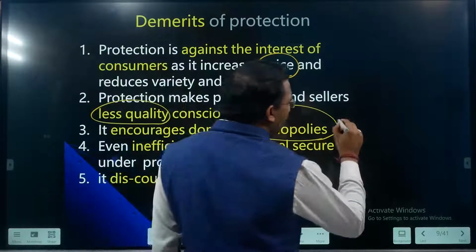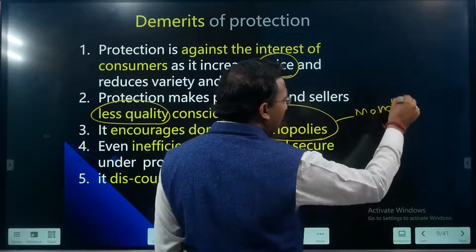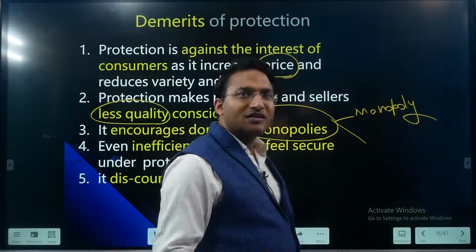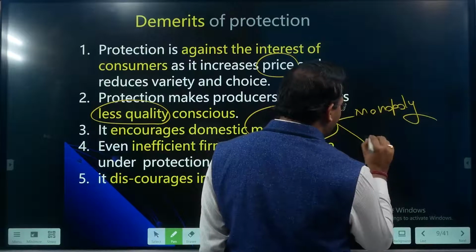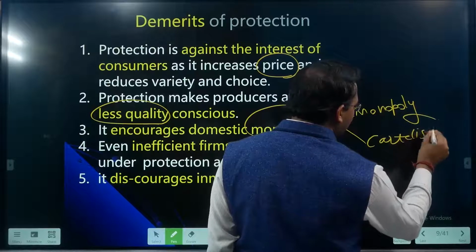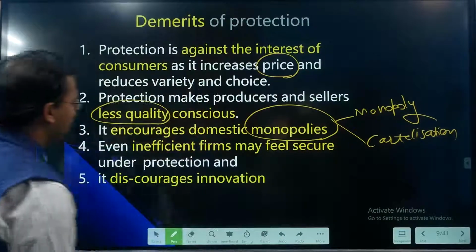So as I told you, if there is only one player, then there will be monopoly, or if there is a group of producers, a large number of producers, they might get into competition, but in the long term they can also go for cartelization. They can make a group and they can start exploiting the consumers.